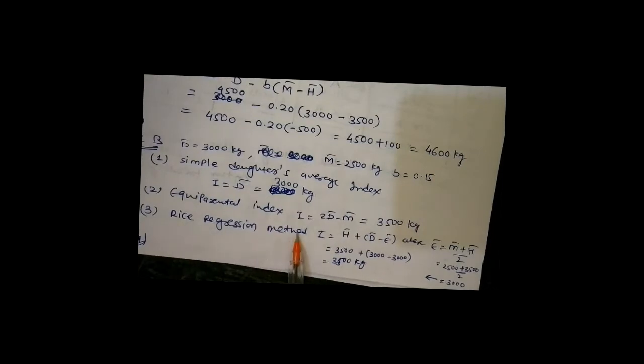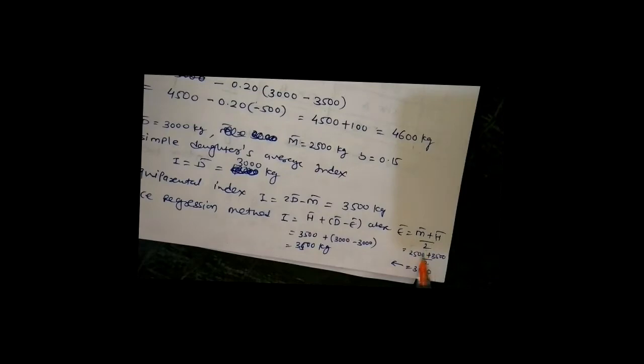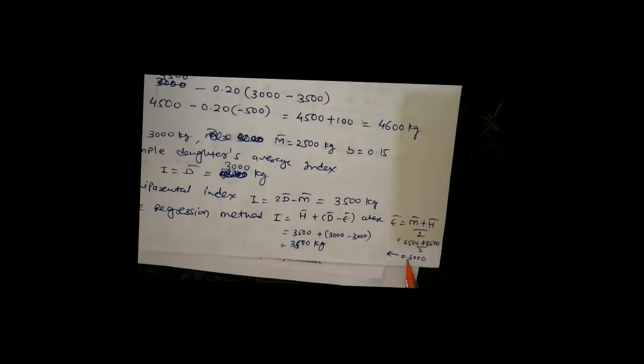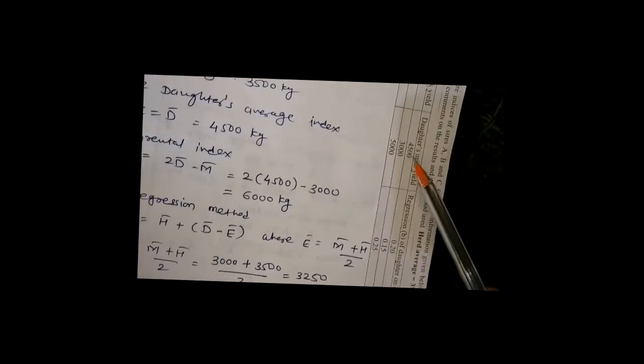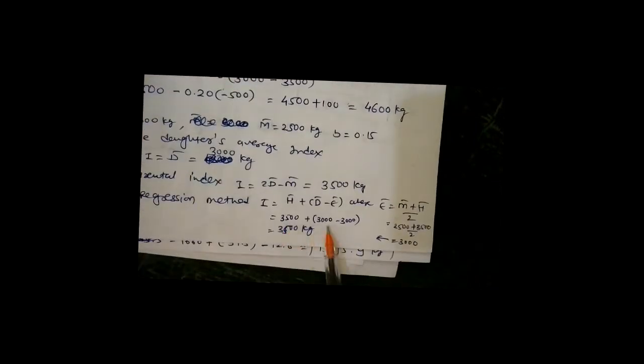Rice regression method, where E bar is equal to m bar plus h bar divided by 2. So m bar, the dam's average, is 2500, and the herd average is 3500, divided by 2, so it is 3000. So put this value here. I is equal to 3500 plus d bar, that is 3000, minus 3000, so it is 3500 kg.